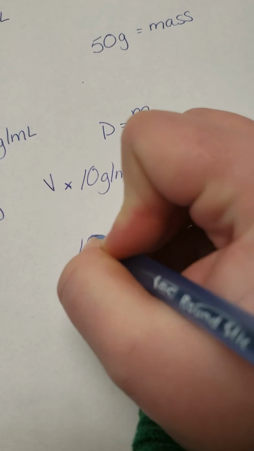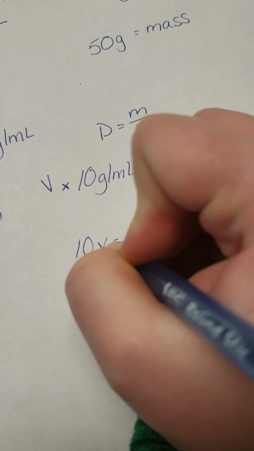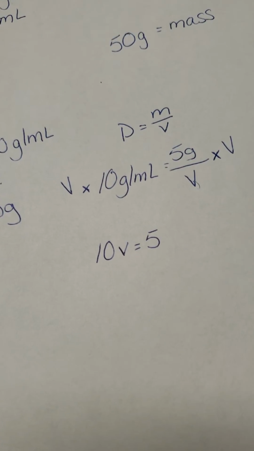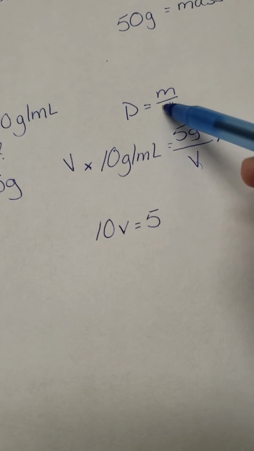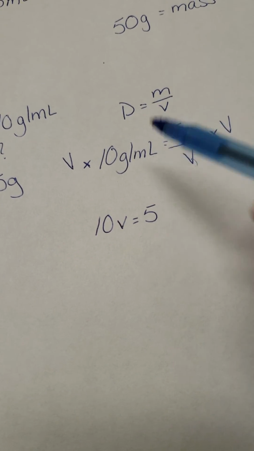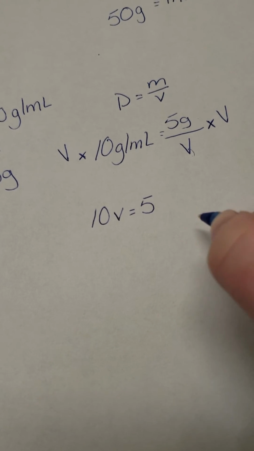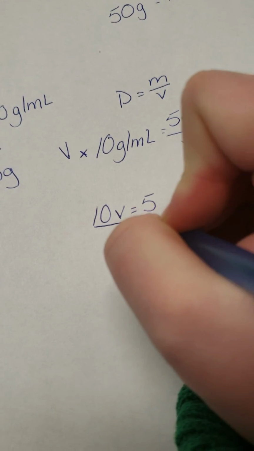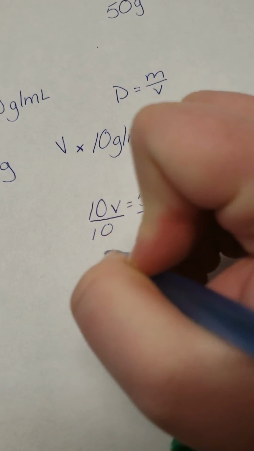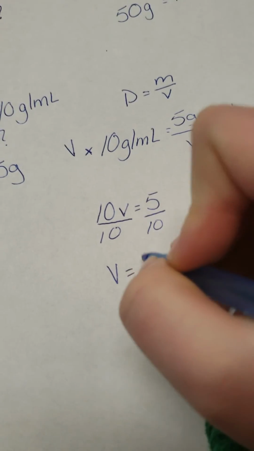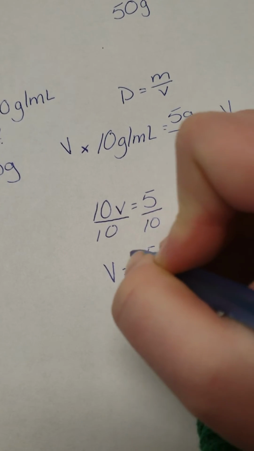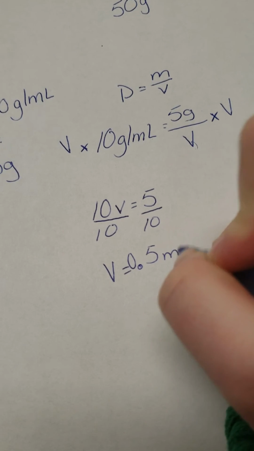That'll give me 10 volume equals 5. I'm dropping off the units here just for clarity's sake. And then we divide by 10 on both sides, and that gives me a volume of 0.5 milliliters.